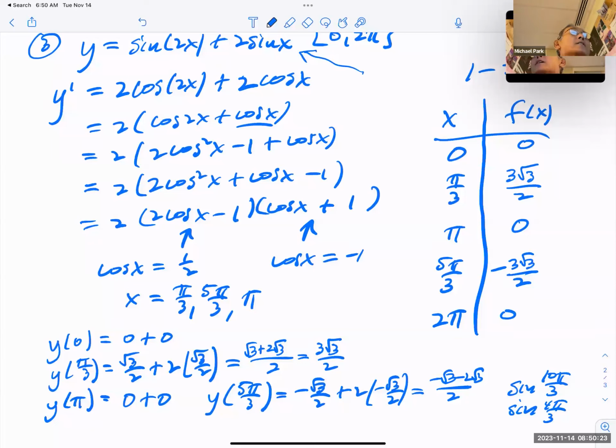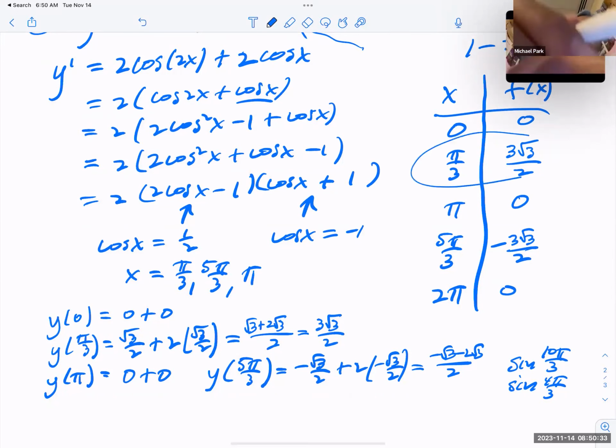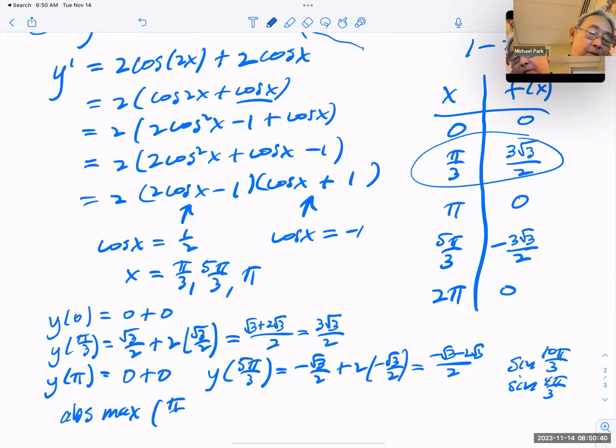Now, notice that it says find the absolute maximum and minimum points, so you actually have to give coordinates. What's the biggest number on the chart? 3 root 3 over 2. So your absolute maximum point would be pi over 3, 3 root 3 over 2. The absolute minimum point would be what?